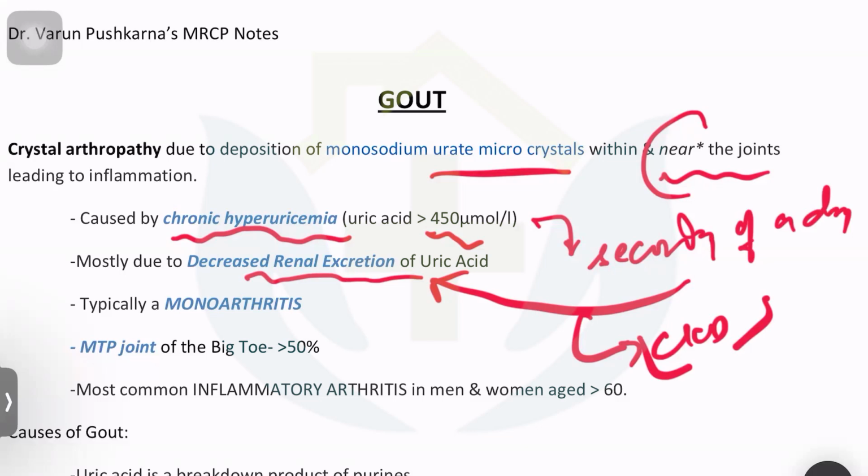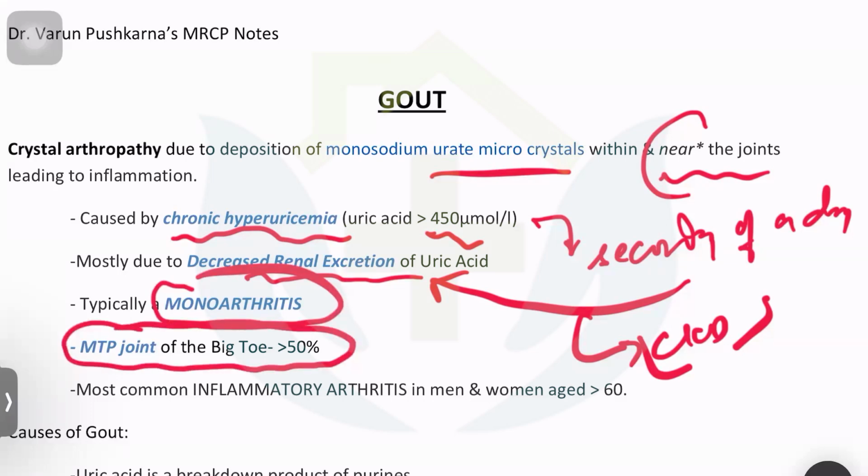Uric acid is formed from purine metabolism, so it is a byproduct of DNA denaturation. It usually causes monoarthritis. Most common joint to be involved is the big toe MTP joint, in more than 50% of cases. It is indeed the most common inflammatory arthritis in men and women above 60 years of age.